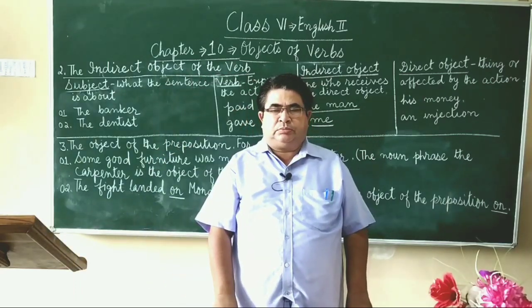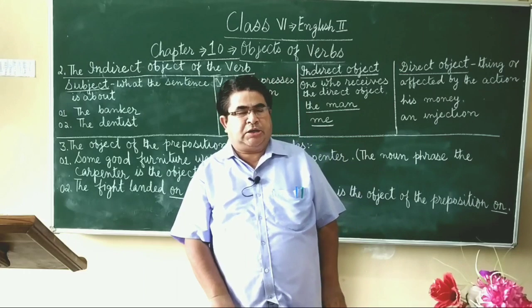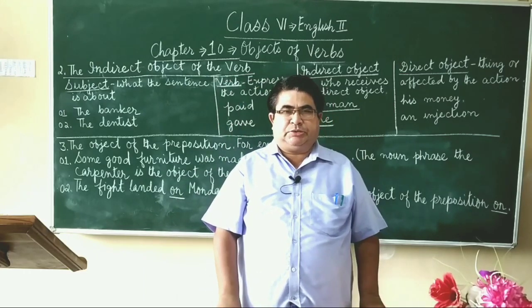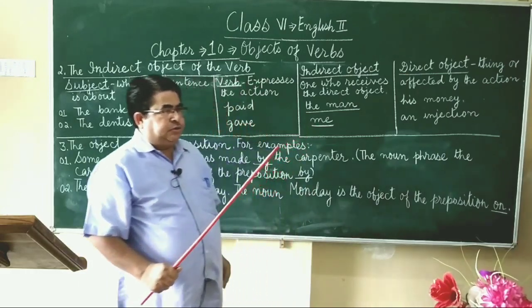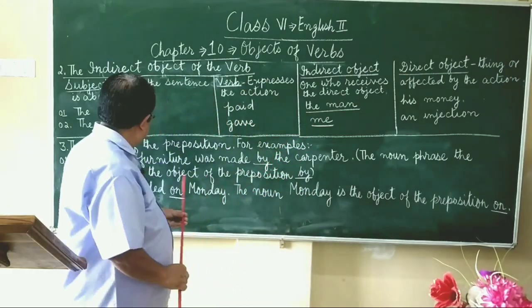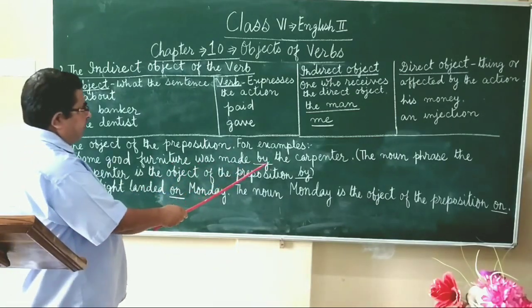The noun phrase or pronoun that follows the preposition is called as the object of prepositions. For example, children, you see the blackboard. Some good furniture was made by the carpenter.